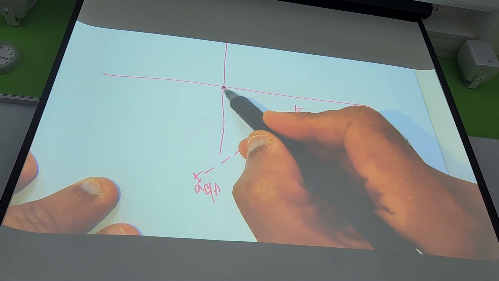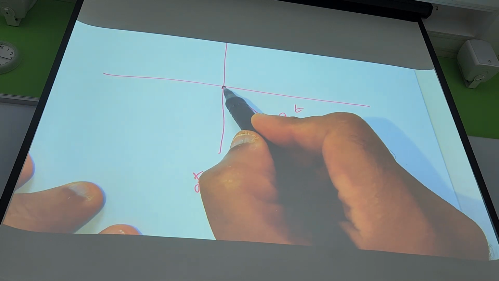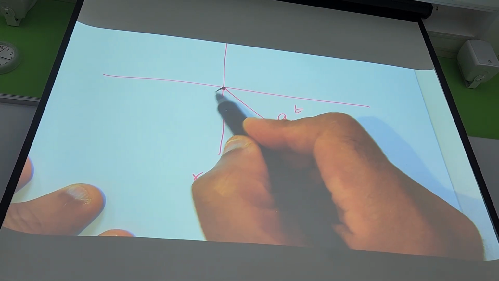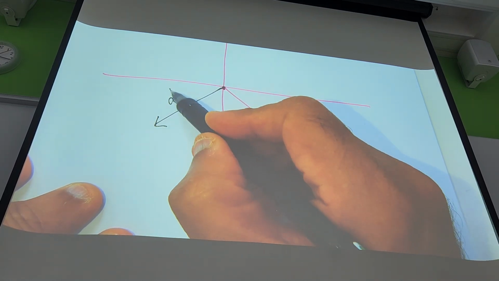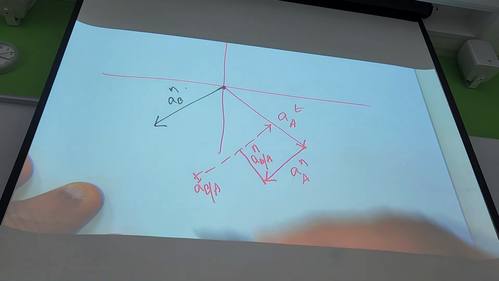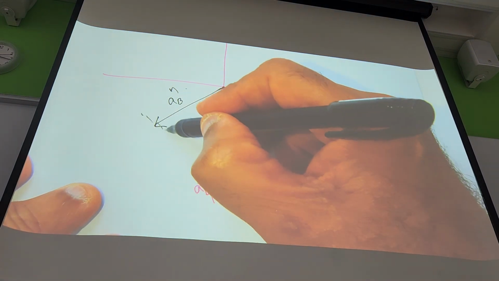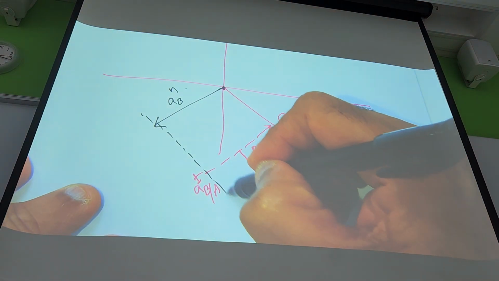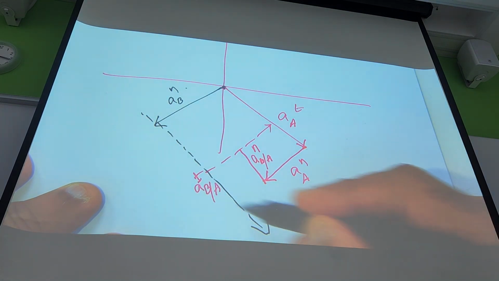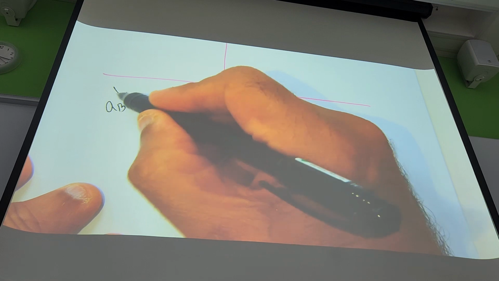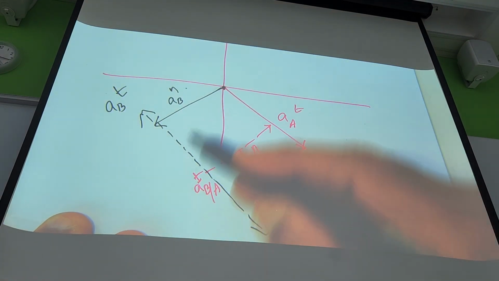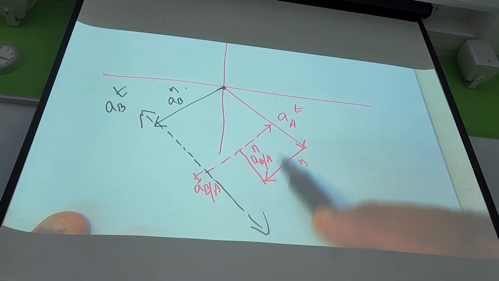Now from here, let us say you know acceleration of B normal, so just draw B normal like this. Now from the tip of this, you draw B tangent. Now you can see these two lines will intersect.